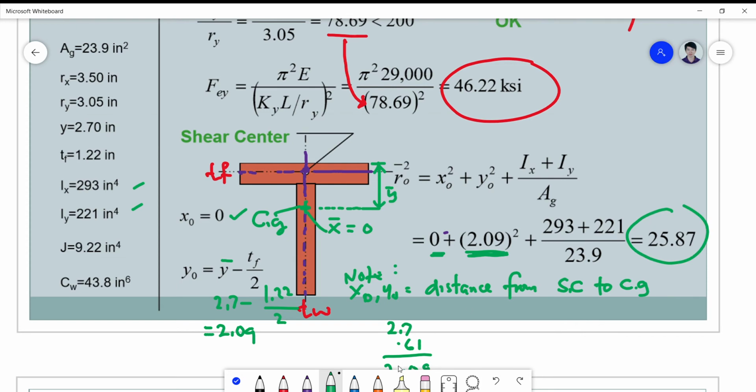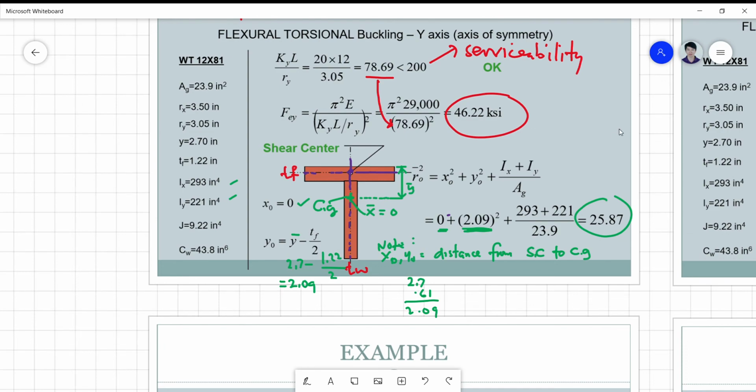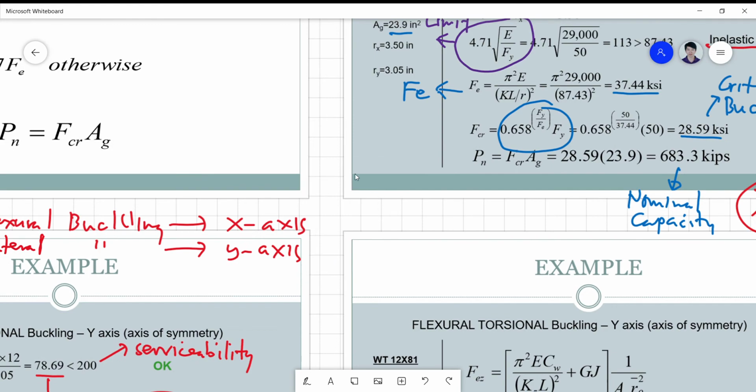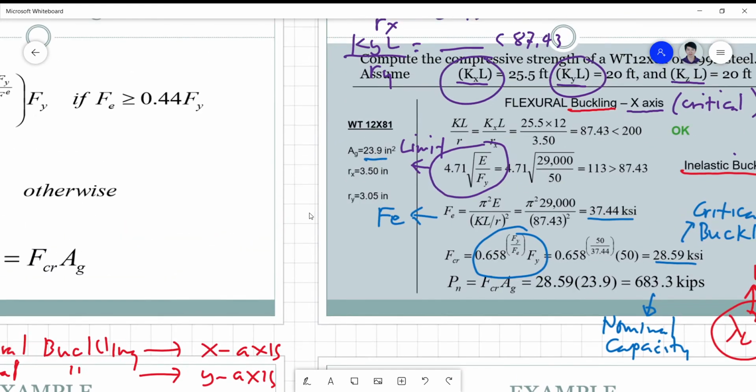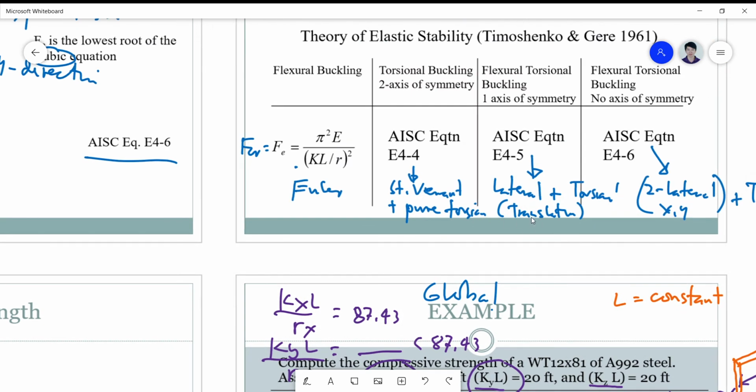So, saan mo gagamitin yung Ro? Balikan natin ngayon yung formula para sa flexural torsional. Dito tayo sa lecture natin kanina. Okay, for flexural torsional, one axis of symmetry, equation 4.5.